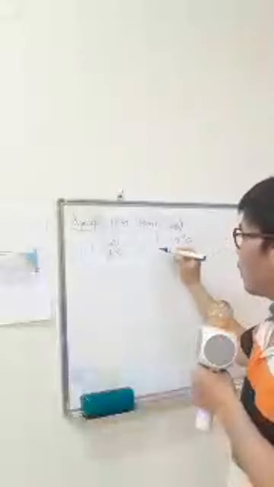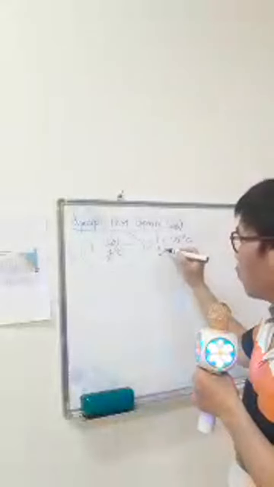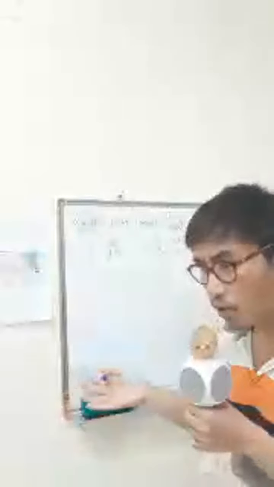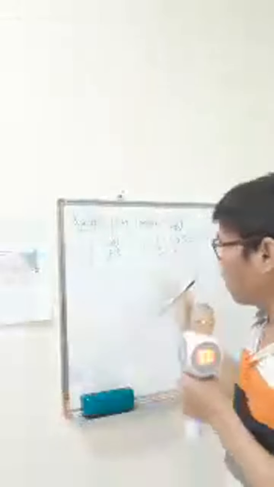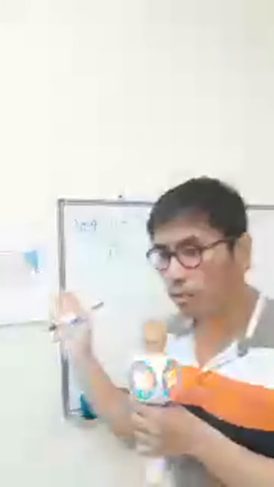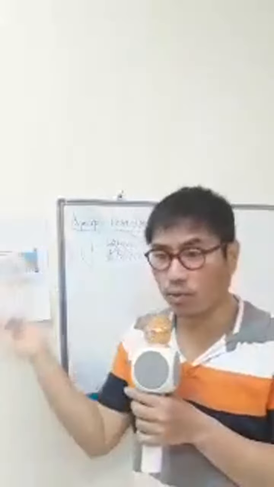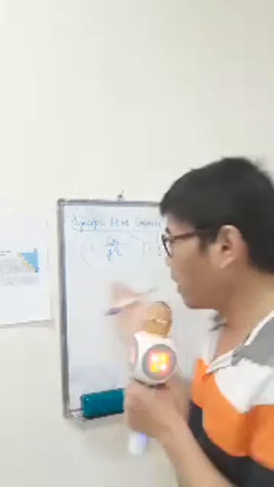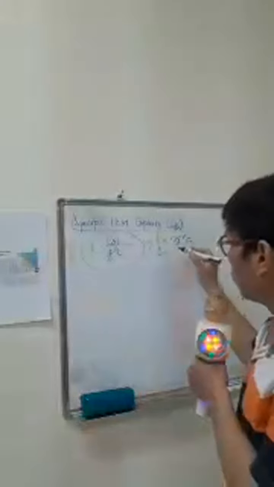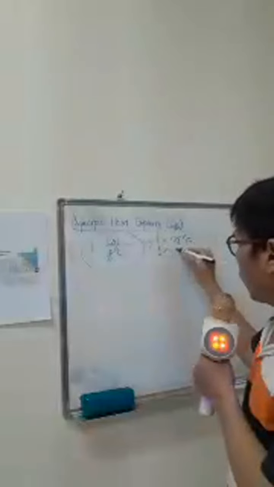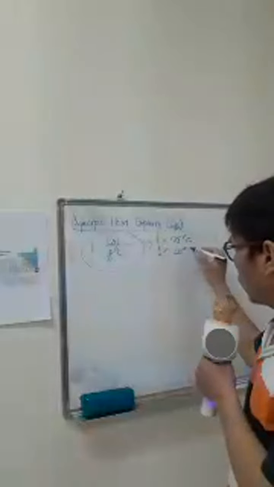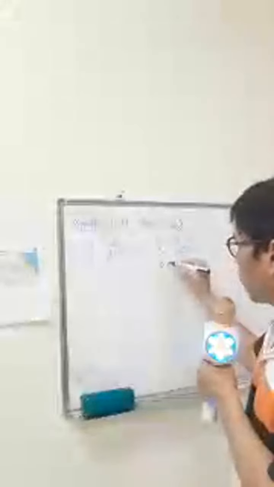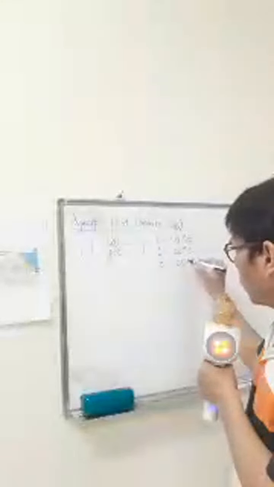And sometimes other problems will say room temperature, and we don't know what the room temperature really is because it will vary. They will just assume the value that we will be using every time in solving the problem. So if they say room temperature, it must be 20 degrees Celsius, and if it is ambient temperature, it will be 25 degrees Celsius.